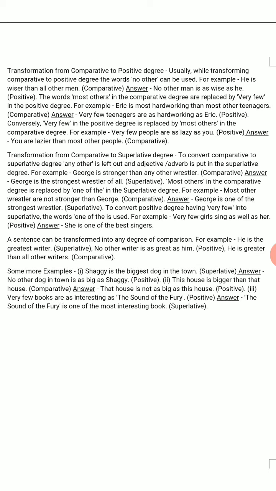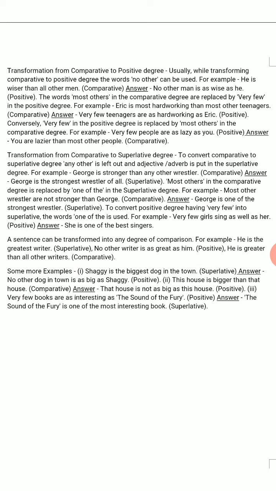That is superlative degree. To convert positive degree having "very few" into superlative, the words "one of the" are used. Even if you want to convert a positive degree having the words "very few," then you have to use "one of the" in the superlative degree.